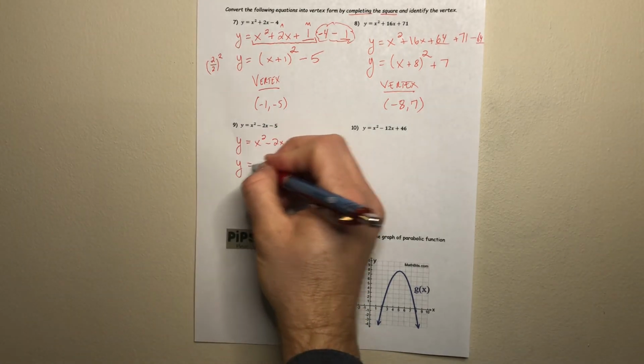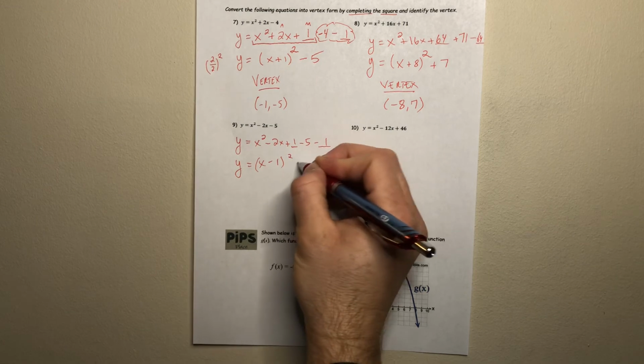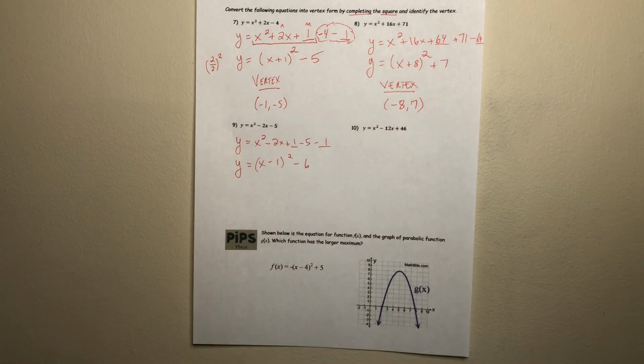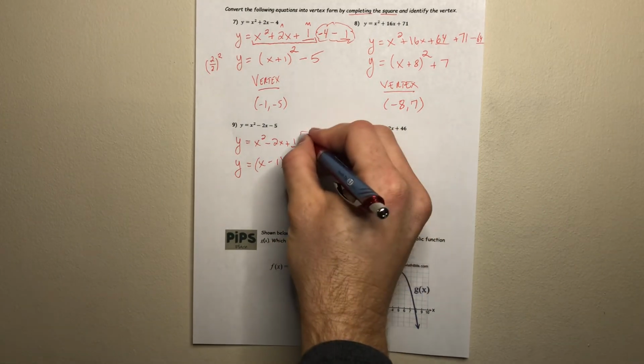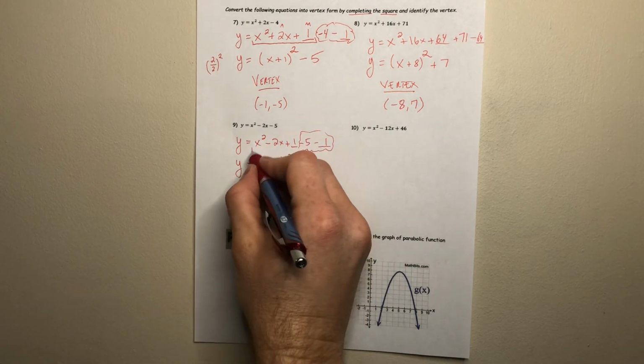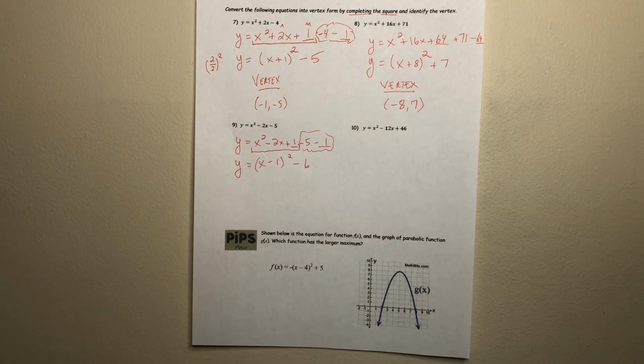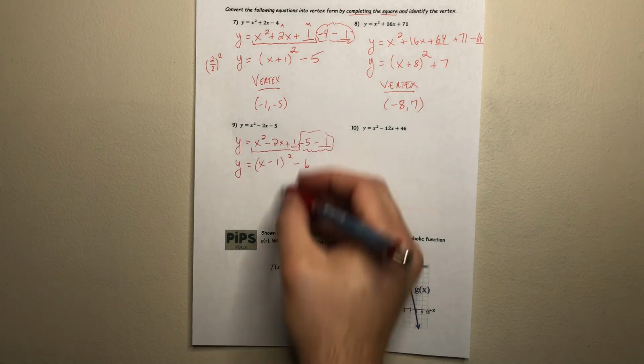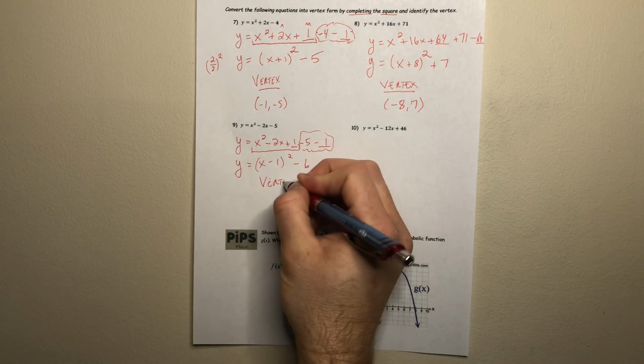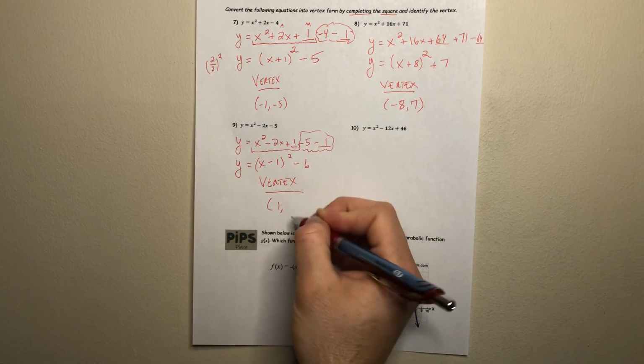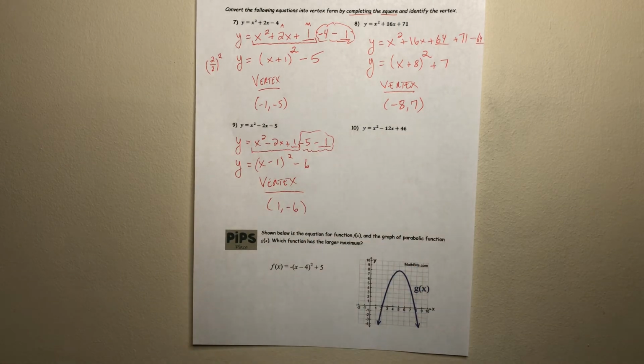This is going to factor to be x minus 1 squared minus 6. Again, these give me minus 6. This factors very nicely. It's called completing the square. And my vertex is as follows: (1, -6).